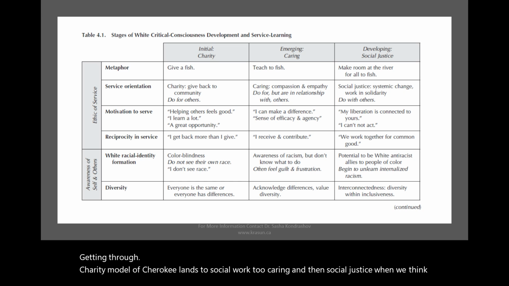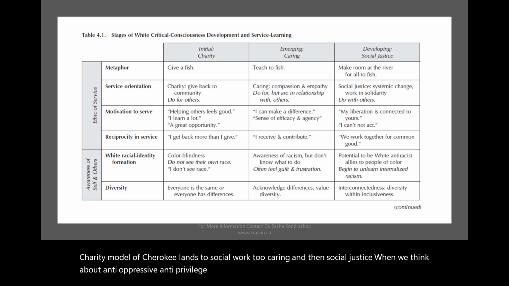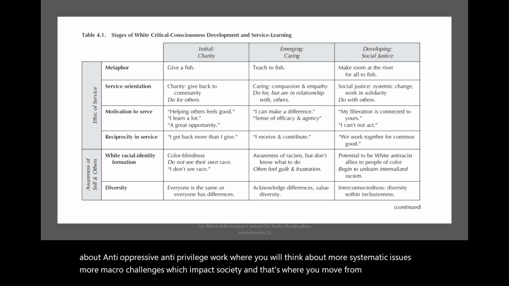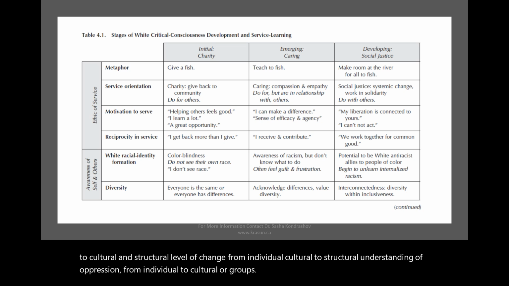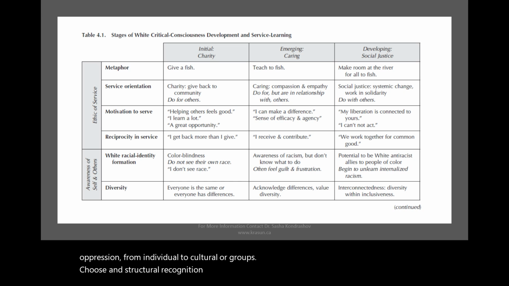When we think about anti-oppressive, anti-privilege work, you will think about more systemic issues, more macro challenges which impact society. And that's where you move from individual to cultural and structural levels of change, from individual, cultural to structural understanding of oppression, from individual to cultural or groups to then structural recognition of privilege and possibility of change.